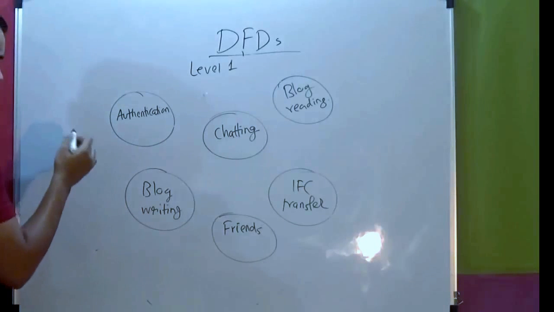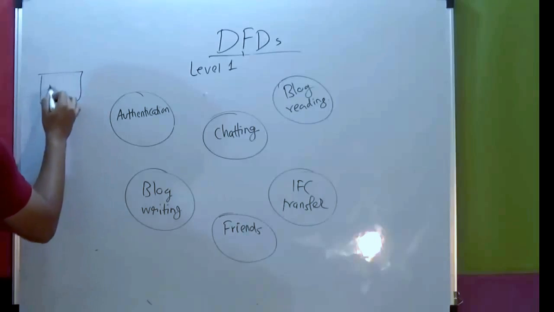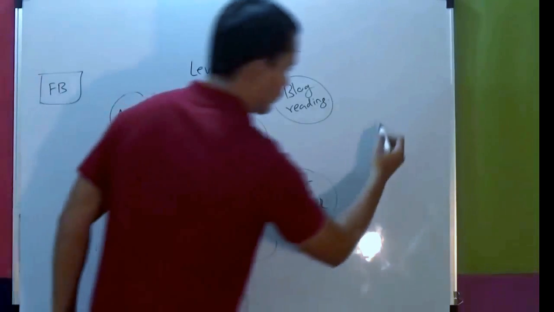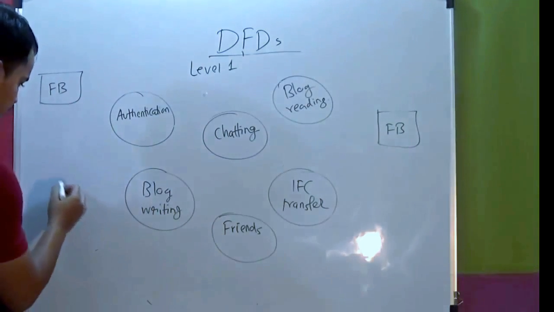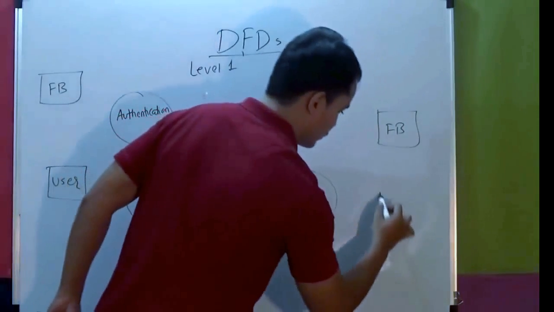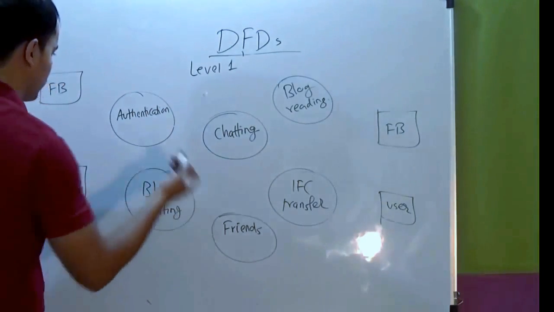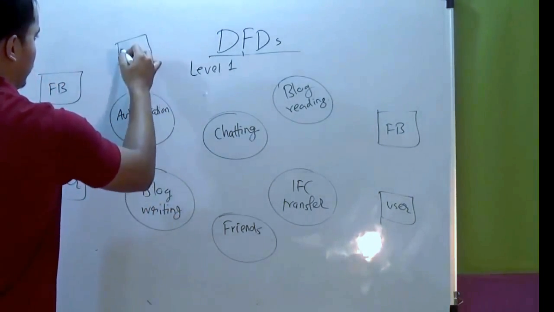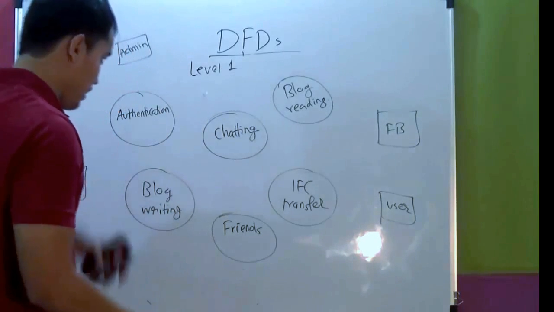Where does Facebook come into the picture? I guess everywhere. We'll have to write one Facebook here, one Facebook here. What about user? Similarly, we'll have to repeat user on both sides. What about admin? Admin also we might have to repeat.